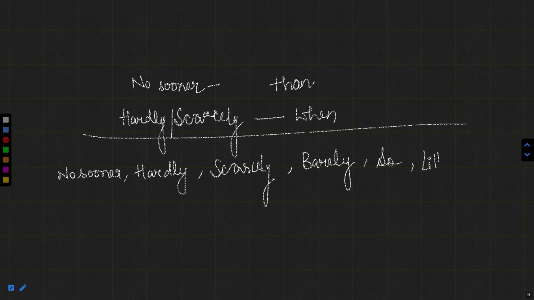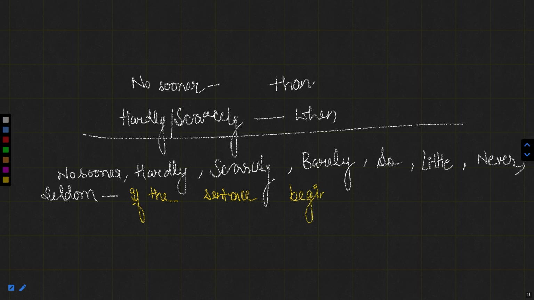little, never, seldom. Now, what happens if the sentence begins with any of these words?